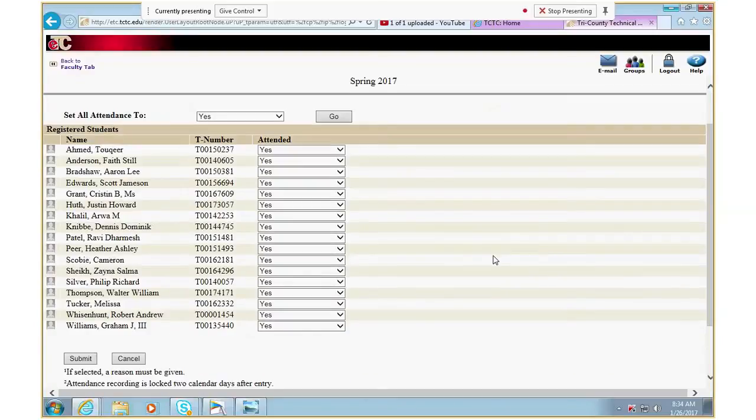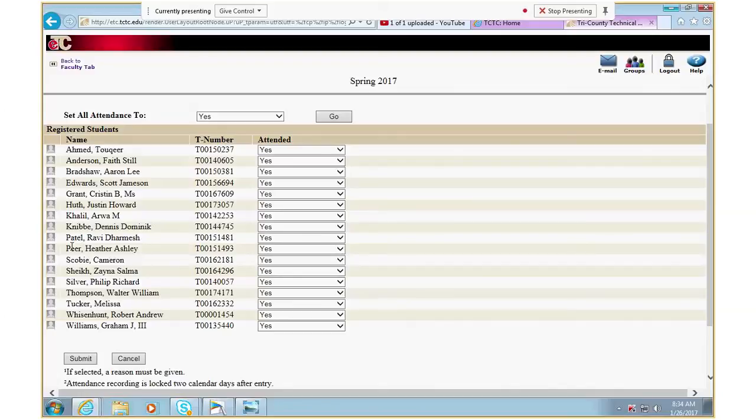All right, Ahmed. Oh, you must have walked in late. Anderson's here. Bradshaw is here. Edwards. Grant, she is sick. Hutt is here. Khalil is here. Nabay is here. Patel is here.